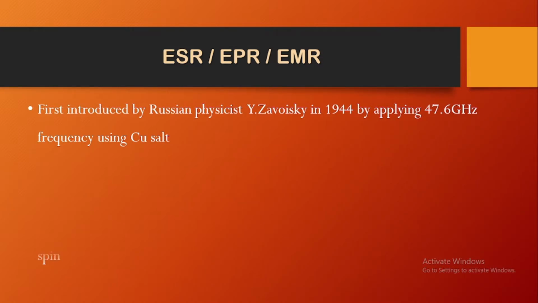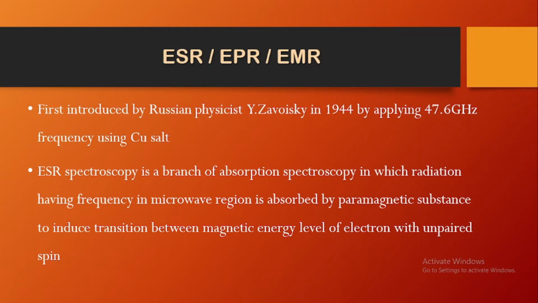Moving on to the definition of ESR, we can say that ESR spectroscopy is a branch of absorption spectroscopy, because the main phenomenon taking place here is absorption of energy, in which radiation having frequency in the microwave region is absorbed by the paramagnetic substance to induce transition between magnetic energy levels of the electron with the unpaired spin.